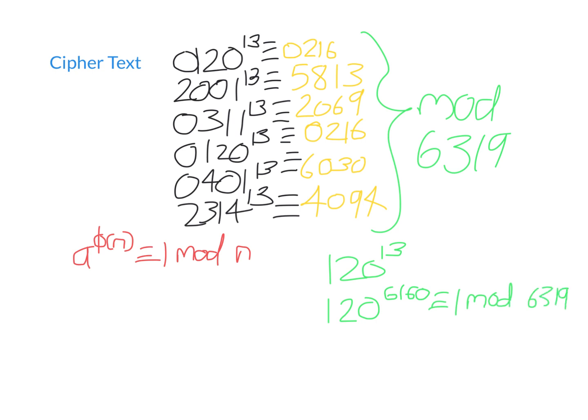So the idea is I've taken 120 and raised to the power of 13. I want to get back to 120. So if I just multiply each side of this congruence by 120, then I end up with this here.